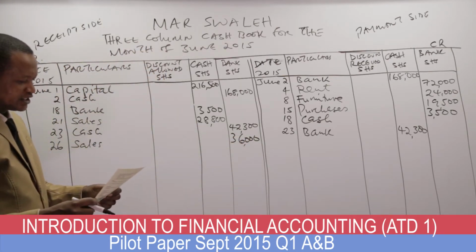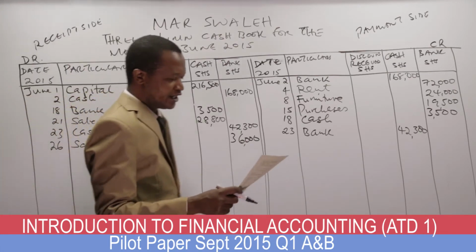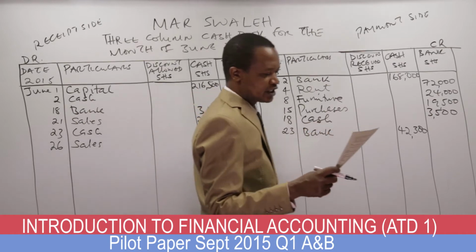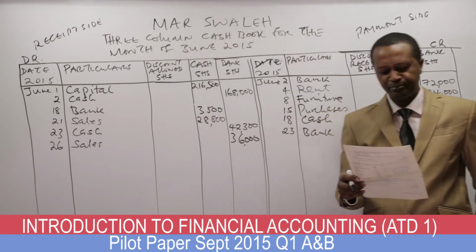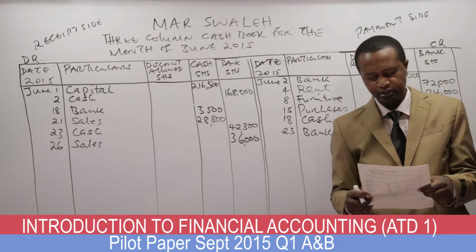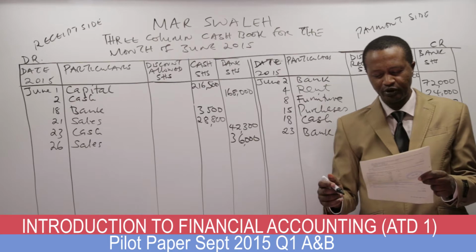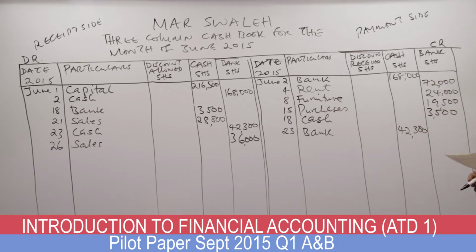On 27th, paid J. Bakare in cash. Remember, on 25th, he purchased goods on credit from J. Bakare with a credit term of 2/10 net 30. Okay?